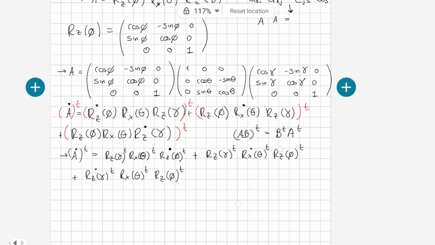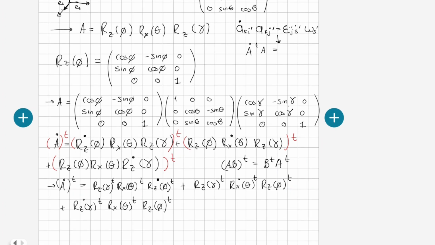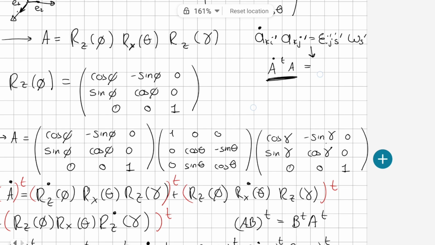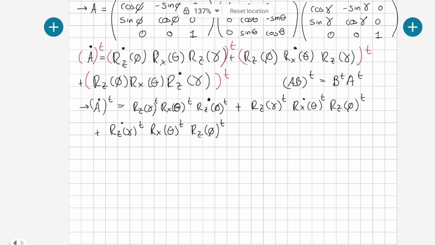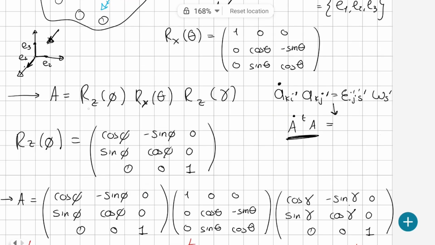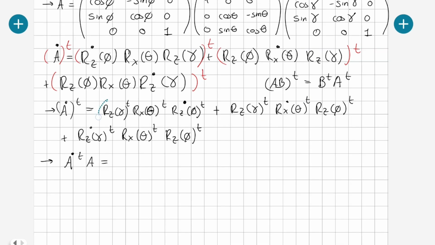I think we are going on a good way. This quantity tells us that we need to make the multiplication. So we are going to calculate that. We have that A dot transpose times A is going to be equal to all this thing times A, but A is this. Let me write the complete expression so as not to get confused.